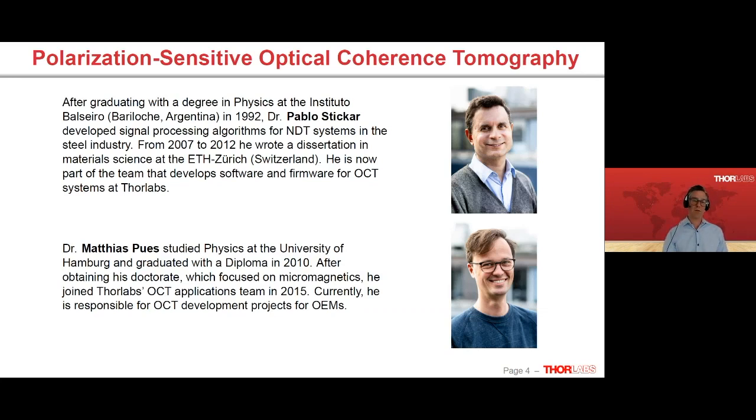From 2007 to 2012, he wrote a dissertation in material science at the ETH in Zurich in Switzerland, and he is now part of the team that develops software and firmware for OCT systems at Thorlabs. Dr. Matthias Pues studied physics at the University of Hamburg in Germany and graduated with a diploma in 2010. After obtaining his doctorate, which focused on micromagnetics, he joined Thorlabs' OCT applications team in 2015, and currently he is responsible for OCT development projects for OEM.